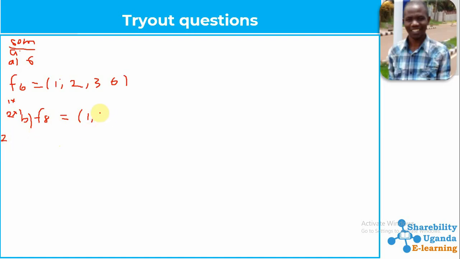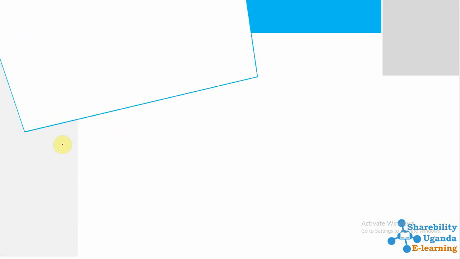We have a 4. So 2 is part of the factors and also 4. Which other number can we use to get 8? That is 8 times 1. So we have got the factors of 8.